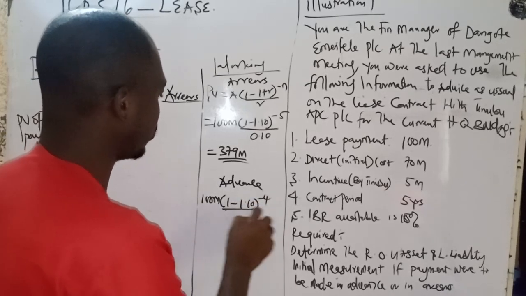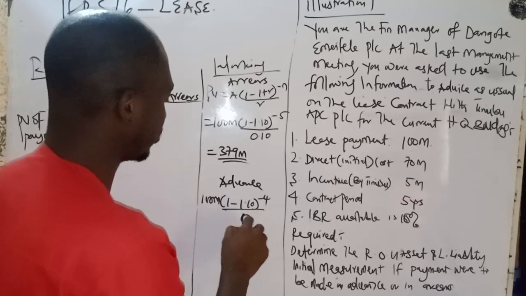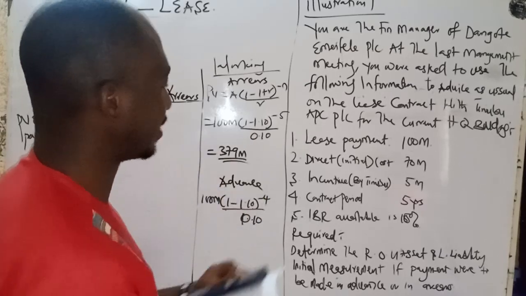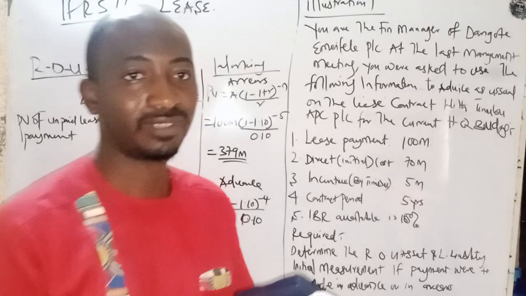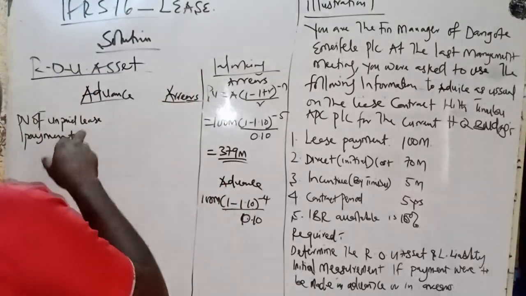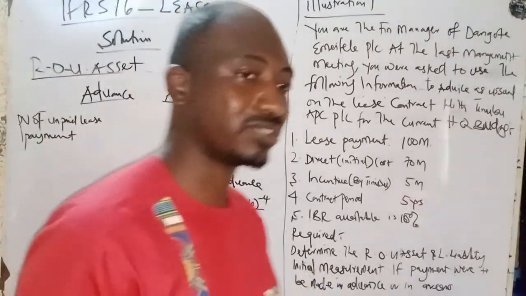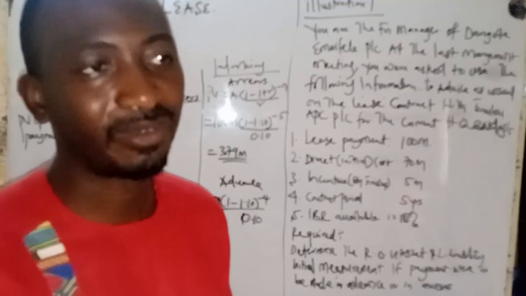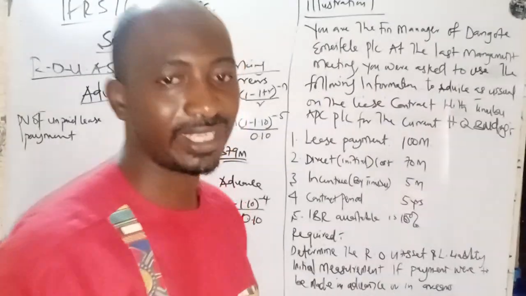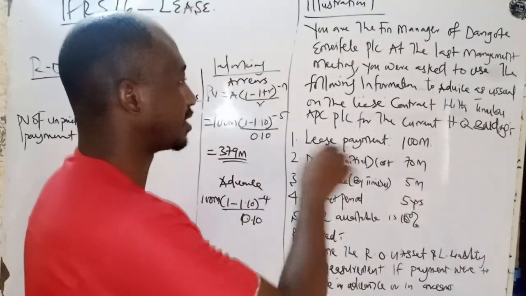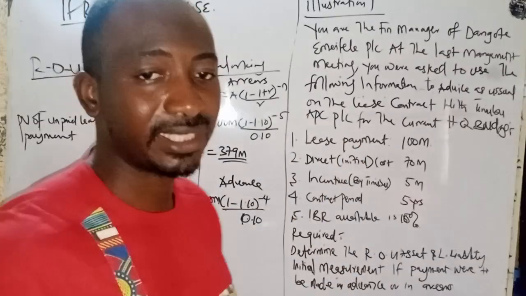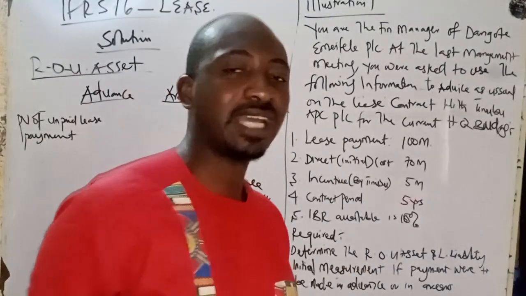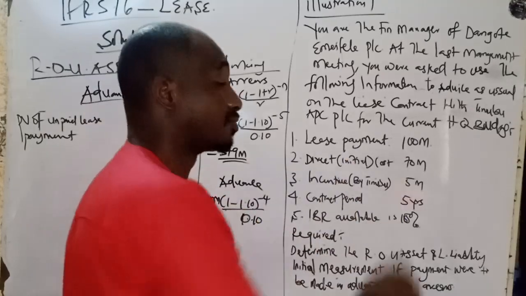We are not going to use 5 years, because that's why I said unpaid lease payment. So we look at the number of years remaining for us to make the payment. Now, if you check this question, the lease payment, that is the payment that is expected from the lessee every year, is 100 million to the lessor.